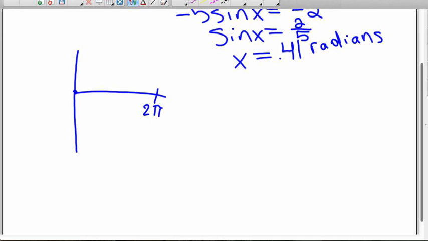So how would you put it back in pi? You multiply 0.41 by pi, you get that number.